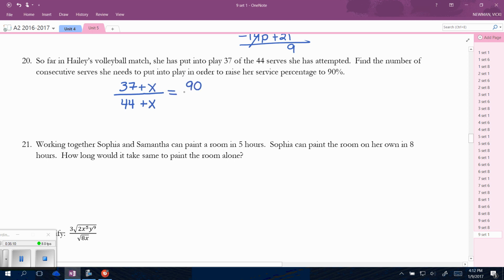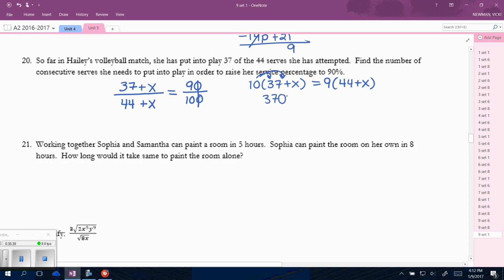You could write it as 90 over 100. You could write it as 9 over 10. Either is fine. I think you prefer 9 over 10. So here, because you have one fraction equal to another fraction, you get to cross multiply. So 10 times 37 plus x is equal to 9 times 44 plus x. Distribute.